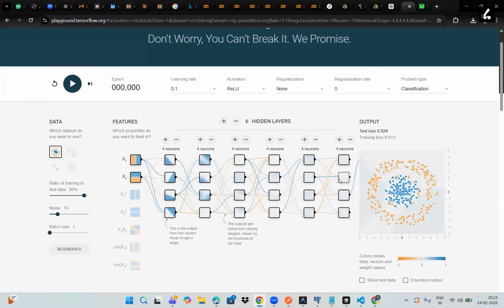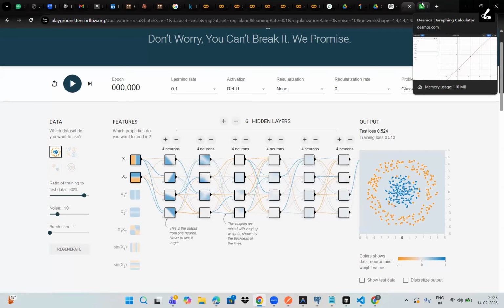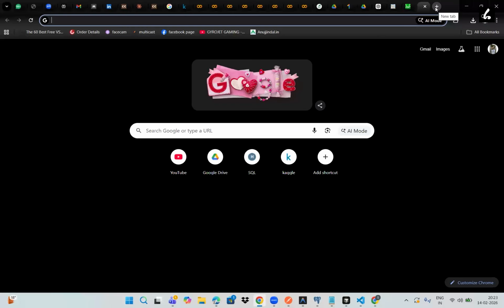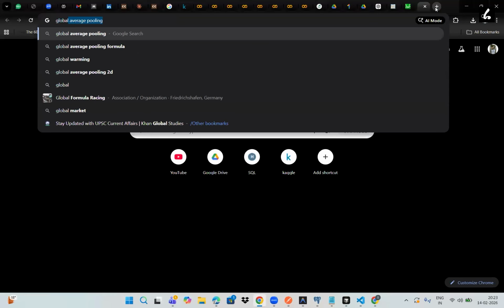So it is del L by del W of this one, into del L by del W of this one, and so on. If they are 0.1, 0.02, 0.01, 0.01, and we multiply all this, how much weight update would be happening here? It will be very, very minimal. So the training step won't be happening a lot; it is going to be almost zero.